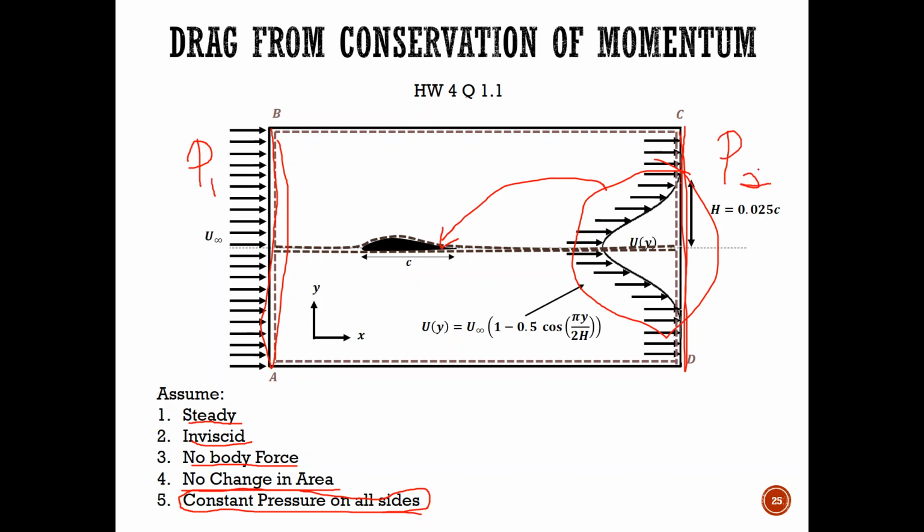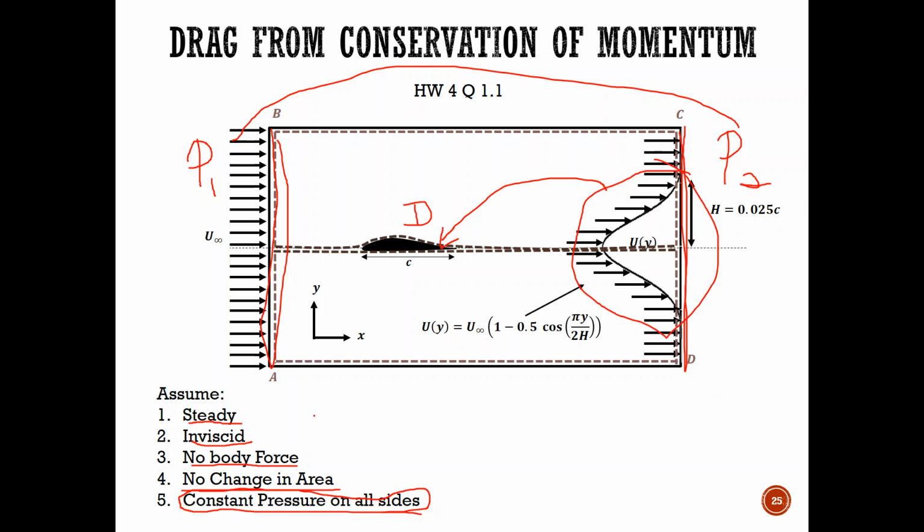Remember that even if there is a pressure variation, that will change the momentum, right? But to make our lives easier, let's assume that the pressure P1 equals pressure P2 on both sides, so that the change in momentum is only caused by the drag force of the object.